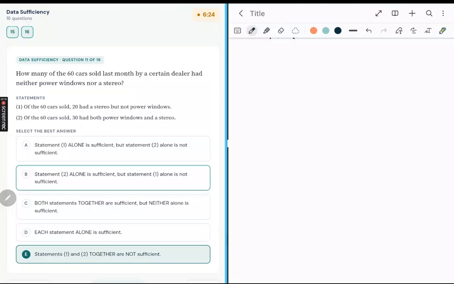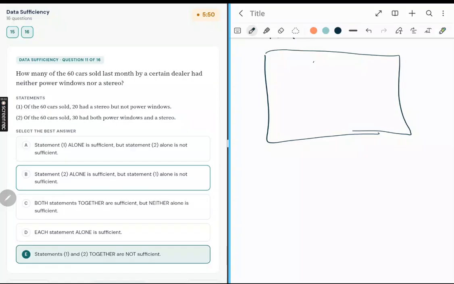Okay, so it is how many? I have 6 minutes. How many of the 60 cars sold last month by a certain dealer had neither power nor stereo? Remember the basic equation of this. So what is the basic equation? The basic equation of a Venn diagram is this one.